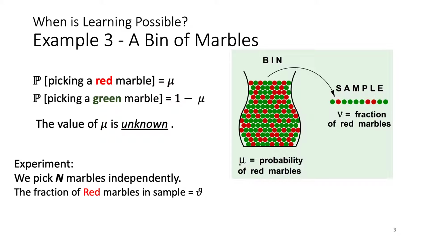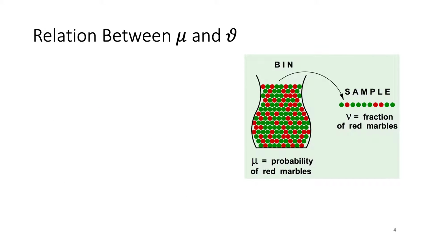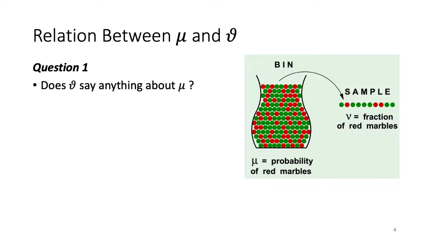So we pick n marbles independently, and later on we talk about how we're going to relate mu and v here. And then again, we talk about the relation between these two. So I posed two questions. First, I ask, does v say anything about mu at all?